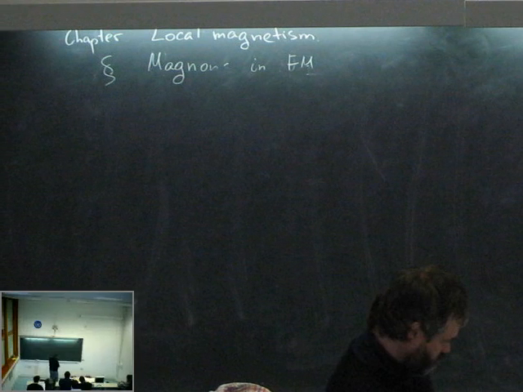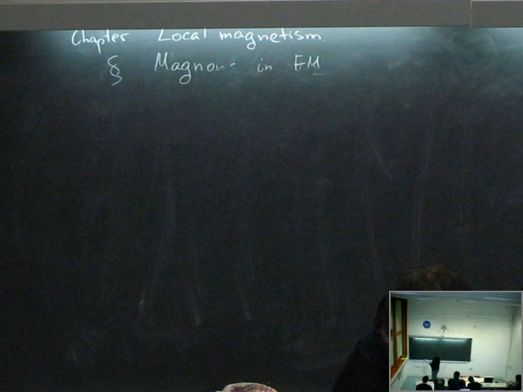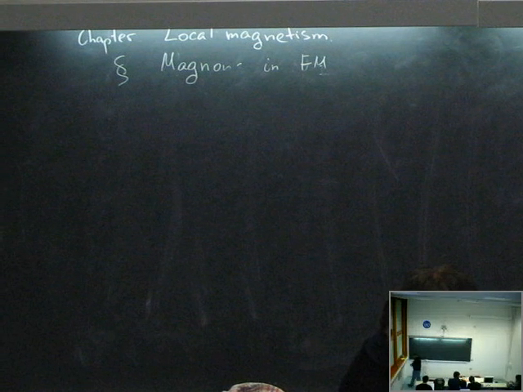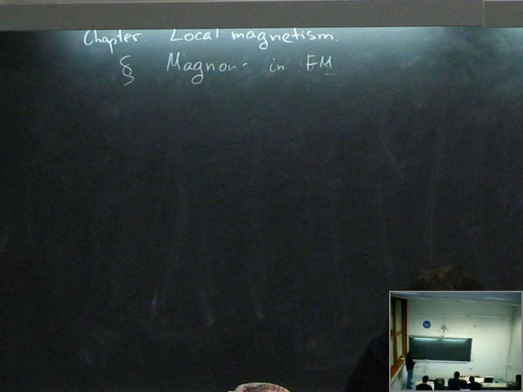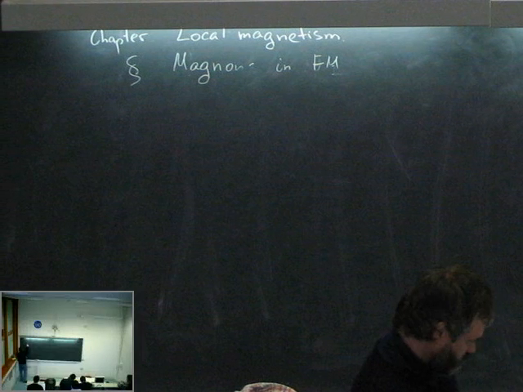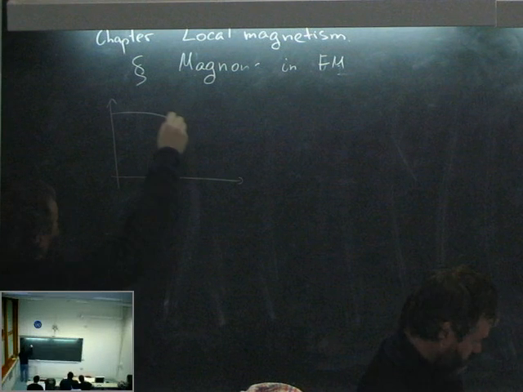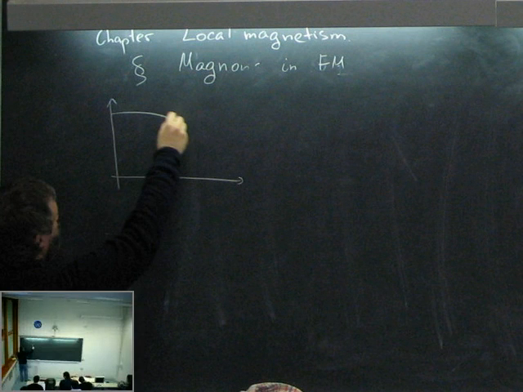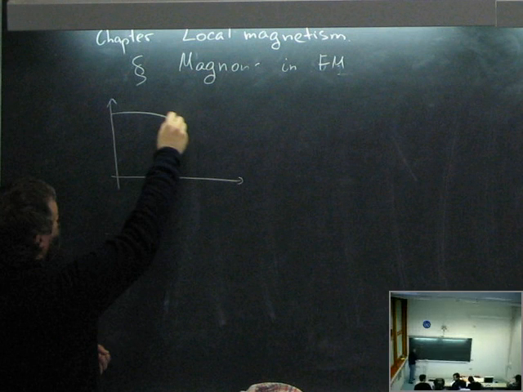So let's start with the Hamiltonian. What we are doing today is related to the description of, first of all, ferromagnets at very low temperature.